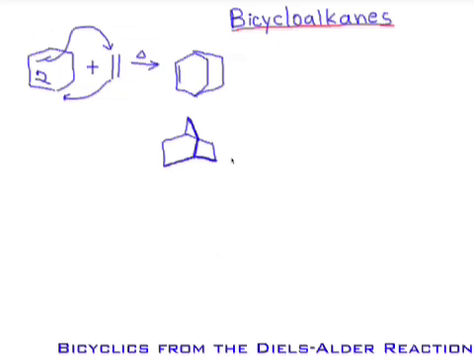Okay, now there's a pi bond here. If we then hit this with H2 gas and platinum, a catalyst, we could hydrogenate this molecule and produce this.